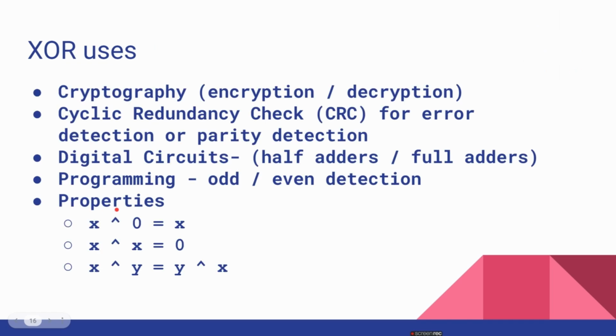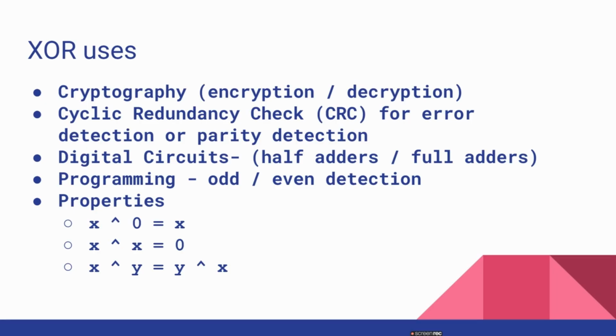And before we wrap up here, I just want to talk a little bit about some common uses of XOR, where you might find them, and some properties. XOR is used in a lot of code, both in C and C++, and even other languages, for cryptography. In a lot of cases it's for encryption and decryption, writing some sort of ciphers to perform some operation.